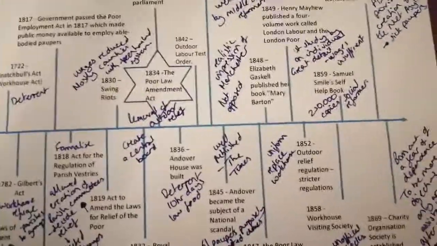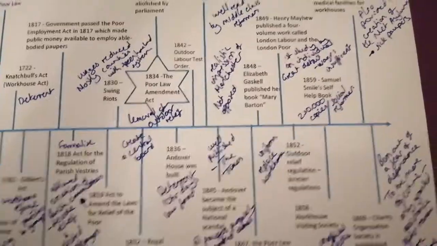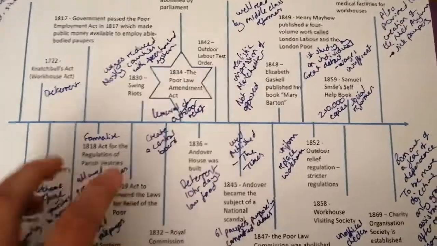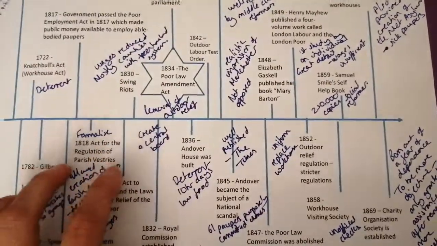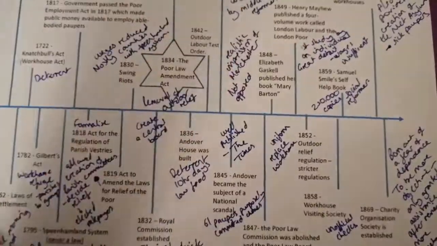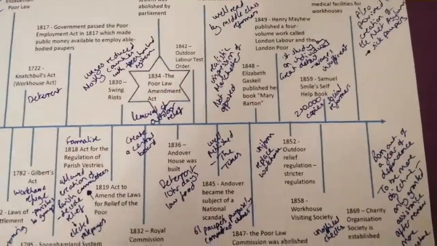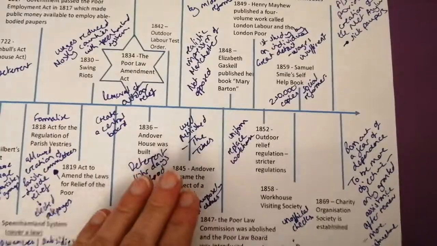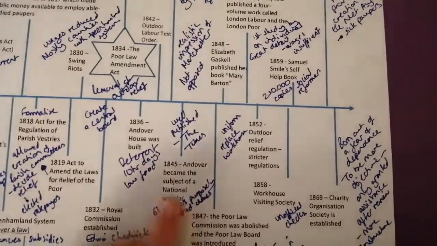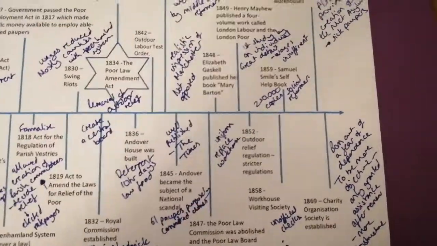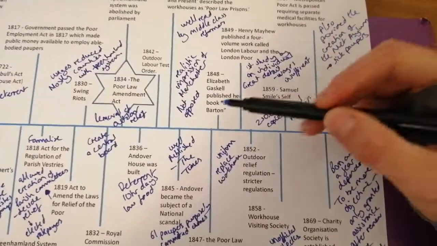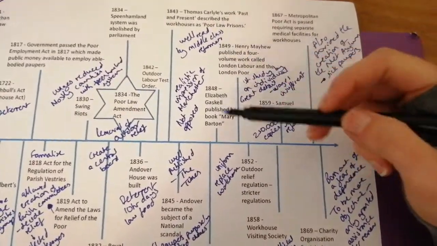Now, this is kind of the end of the poor provision. We've seen massive horrendous conditions and kind of it not working, it's way too much money, and that leads to the Poor Law Amendment Act. However, the Poor Law Amendment Act doesn't work because we have workhouses which are horrible and they're deterrents, and then we have the scandals. And then from this point, we start to see an attitude changing. So we start to see much more awareness of the conditions through a lot of these books.